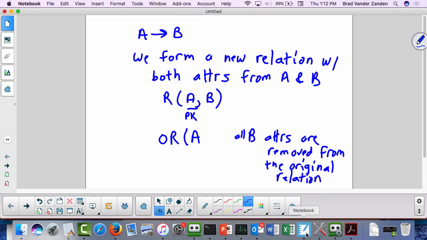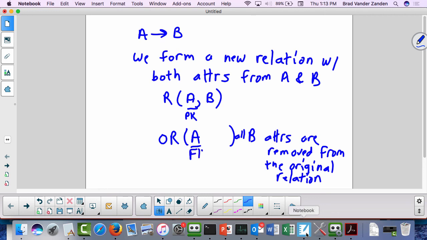But A remains, and even if A is part of the primary key, what in effect is A now in the original relation? It may be part of the primary key, but it will also be a foreign key. Very good.